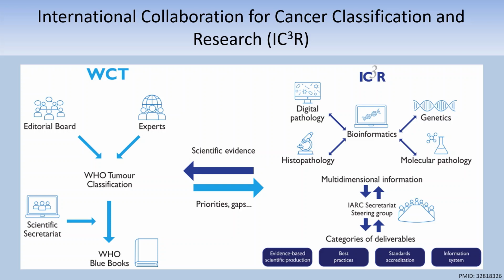The IC3R has other goals too. And why they're interested in the CCGA specifically is because we have real-time updating of genetic correlates to pathologic entities that involves evidence synthesis, and then it's a publicly available resource because they're looking for ways to disseminate knowledge globally.